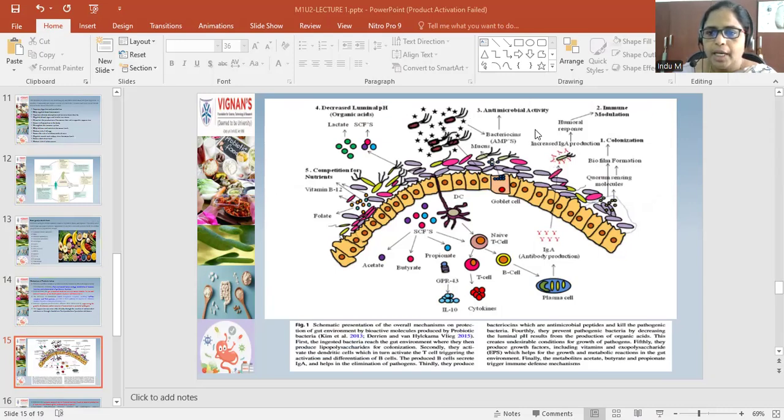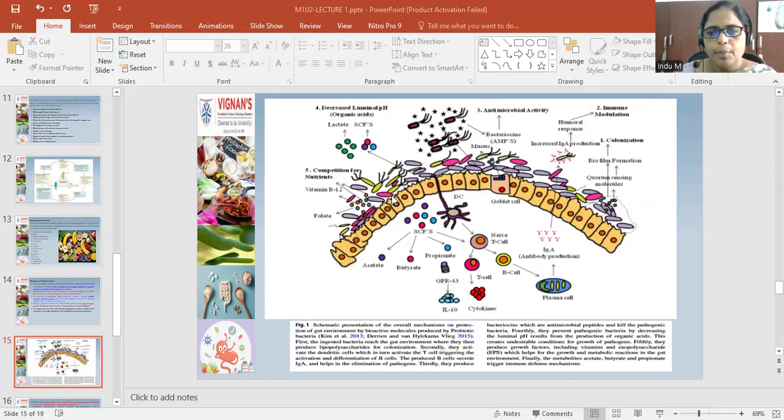And third one is the antimicrobial activity. So whatever probiotic organisms are there, they produce bacteriocins, nothing but antimicrobial peptides. These peptides kill the pathogenic organisms present on the surface of the epithelial layer. And next, decreased luminal pH.